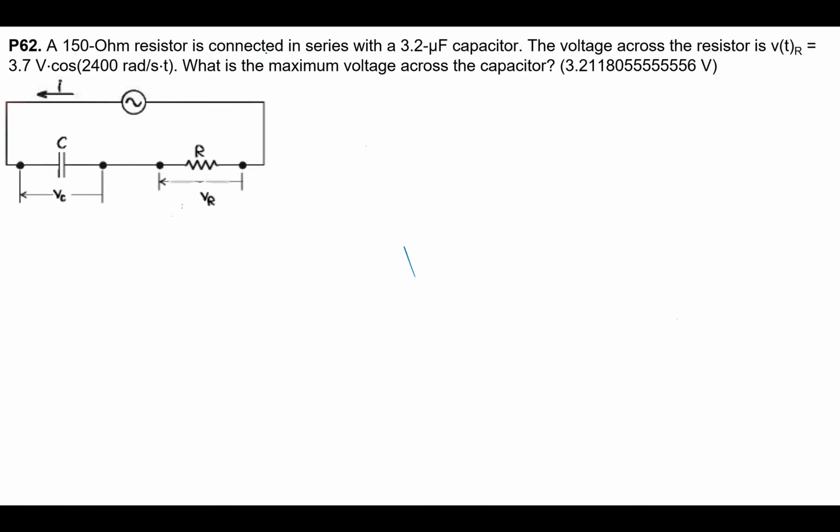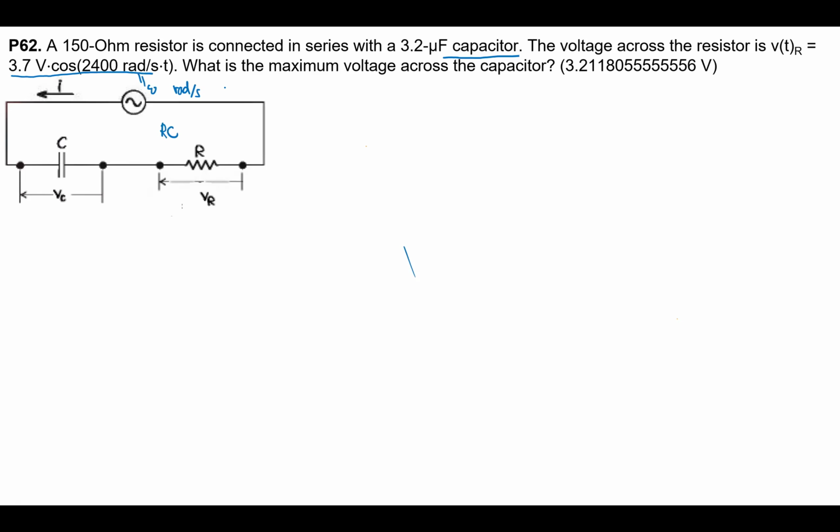And the next one: a 150 ohm resistor is connected in series with a capacitor. So that is an RC circuit. The voltage across the resistor is given by this AC expression, and omega is directly given. Note that omega is in units of radians per second.